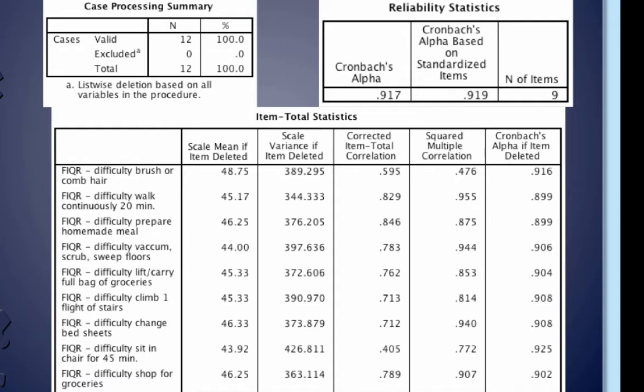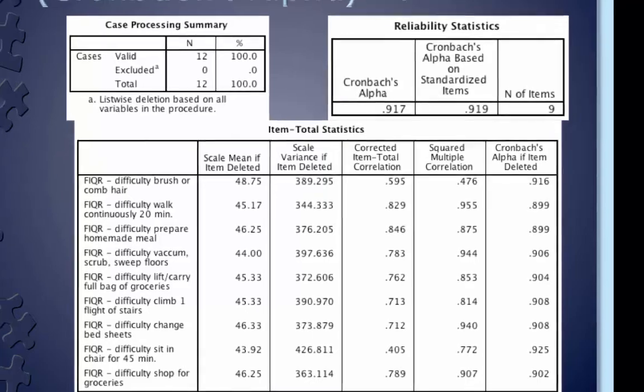So it's a win-win situation. Not only do they have to answer fewer questions, but we even have a better measure, more internal consistency in terms of these 8 items without difficulty sitting in the chair for 45 minutes, a more reliable measure of function.